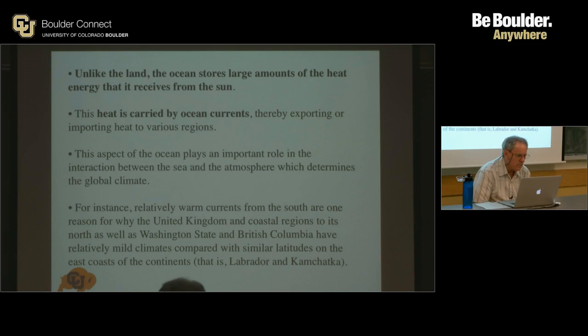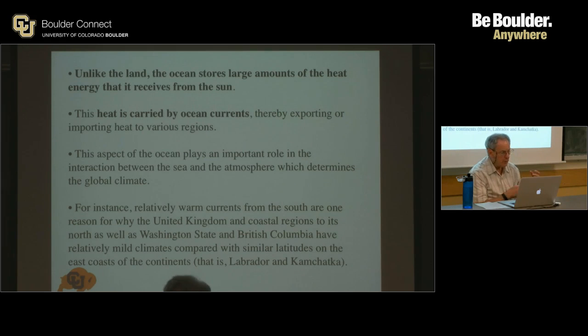The heat that's absorbed by the ocean is carried by the currents, exporting it to various regions. And that's why a lot of places have climates that they wouldn't have otherwise.